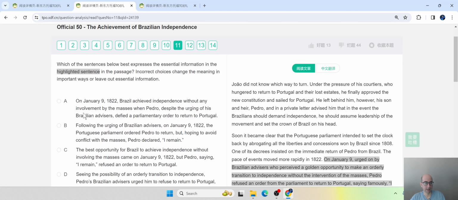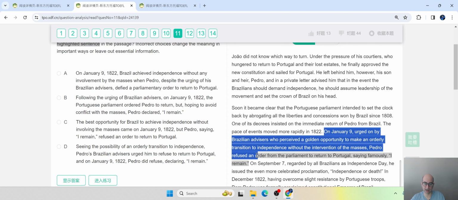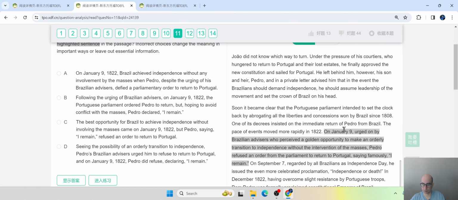Now let's look at another one. Okay, so we know the question's the same. So we want to come directly to the highlighted sentence here. On January 9th, on this date, urged on by Brazilian advisors, so Brazilian advisors are urging someone who perceived a golden opportunity to make an orderly transition to independence.